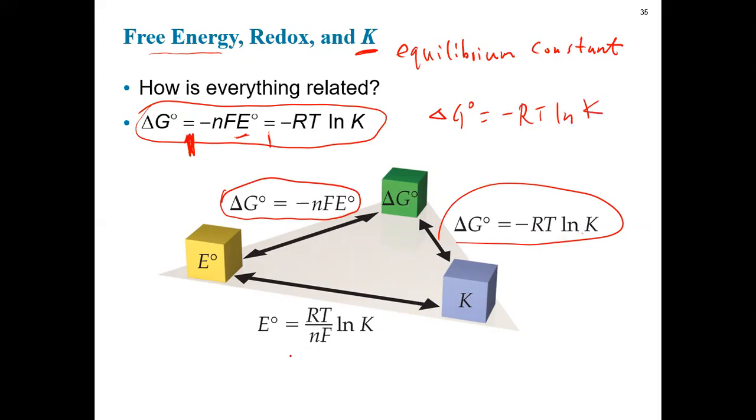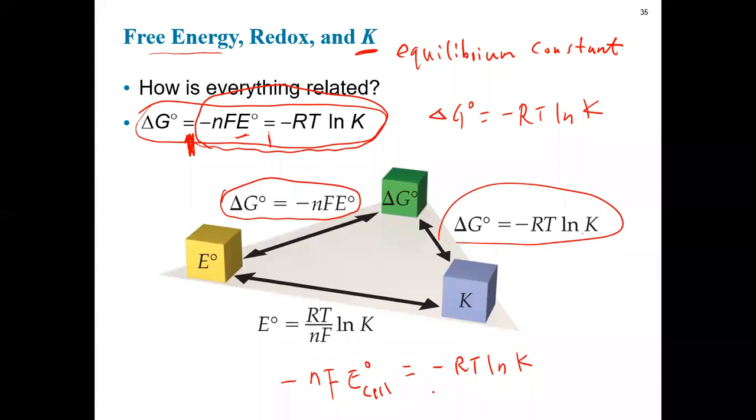Now the last equation comes from taking negative nFE0 cell equals negative RT ln K. From these last two parts, we get this equation.